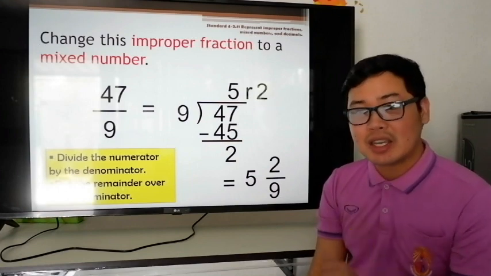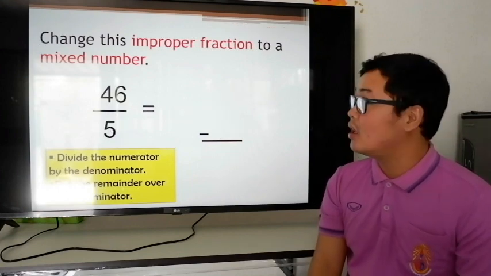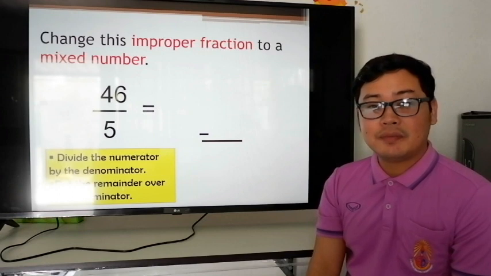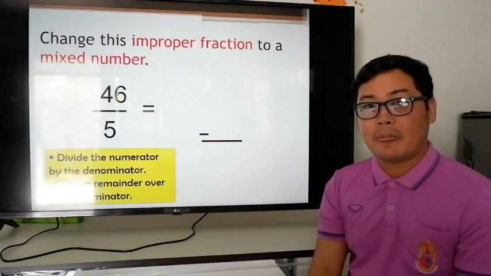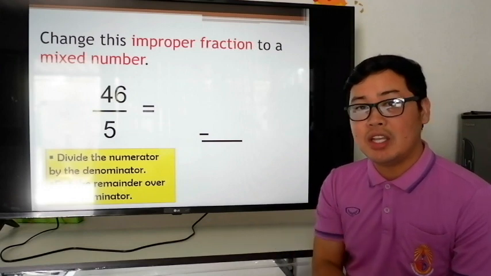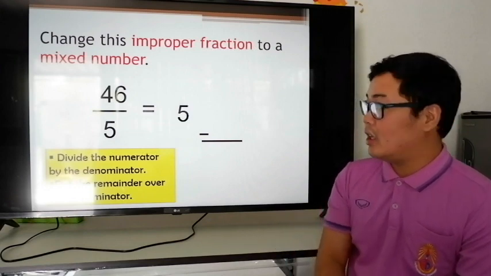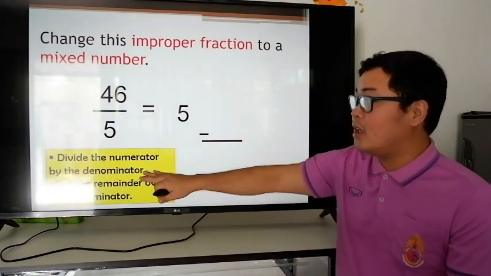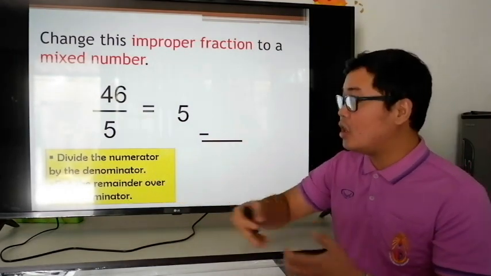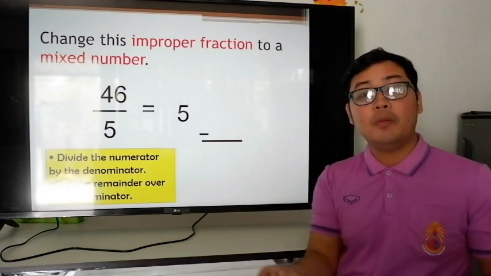Okay, the last example that I am going to share to you. Okay, we have 46 over 5. Okay, how can we write this one in a mixed fraction? So, let's remember our steps. We divide the numerator by the denominator and put the remainder over our denominator.